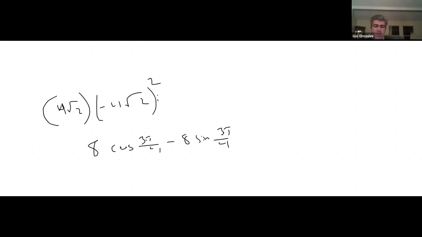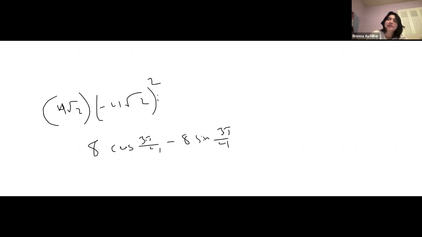Because x over r, remember from the unit circle, is cosine. Y over r is sine. Yeah, we had our reference sheet. I should have remembered that.